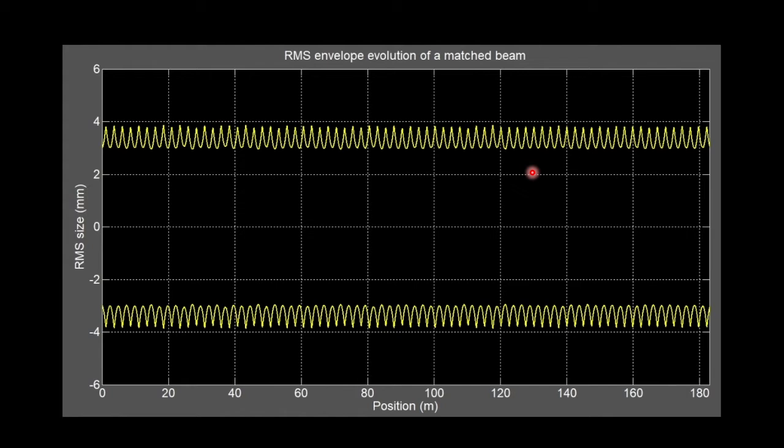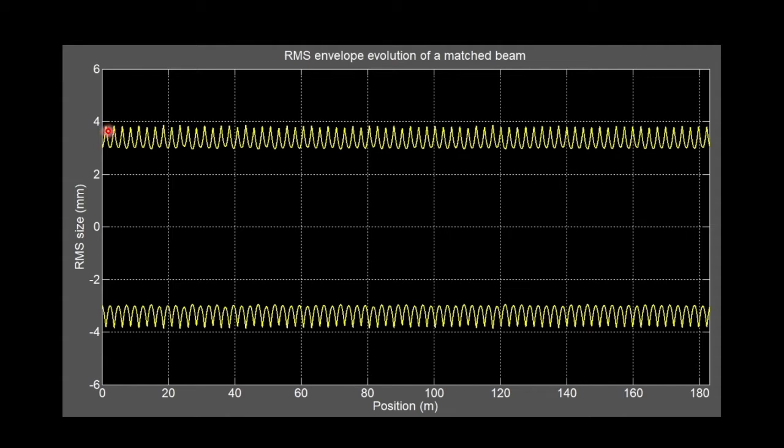Now let us see what happens when we introduce an initial mismatch. Also please note that this value of R that we have calculated here is called the matched beam radius, and later we'll be talking about it when we deal with the equation governing these motions. But please note that this radius is what we call the matched beam radius.